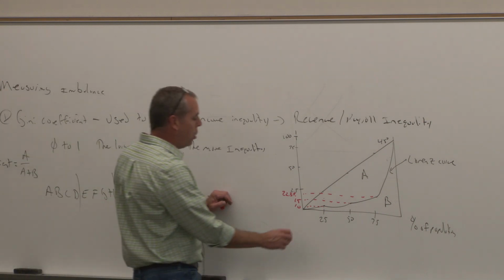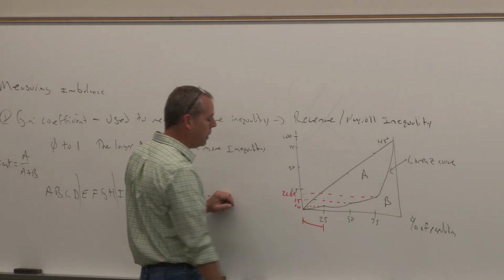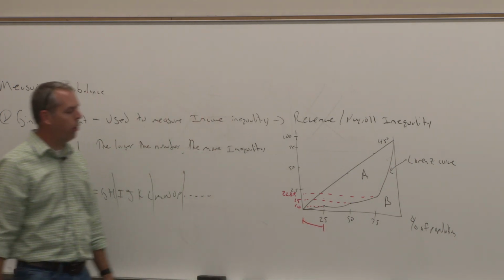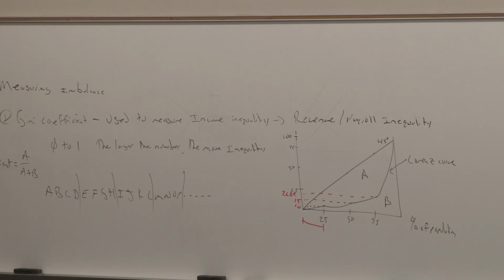Here you've got 25% of the teams that make 50% of the revenue. 50% of the teams with 15% of the revenue. 75% of the teams take total revenue of 22% of the revenue.